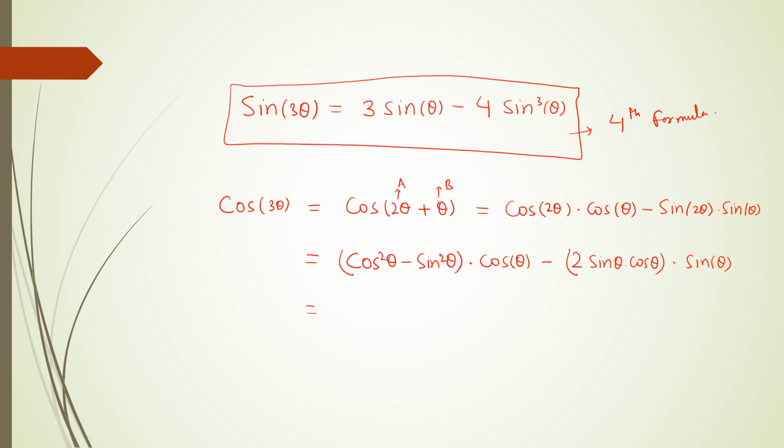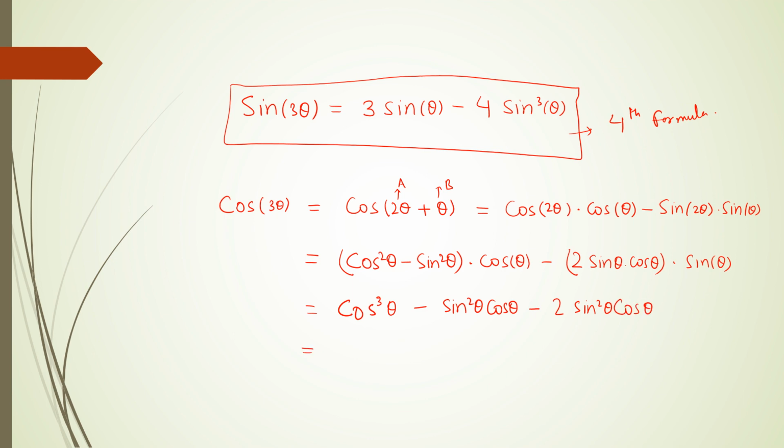Let's see what we wish to find out. Let's open it completely. Cos square theta into cos theta is cos cube theta, minus sin square theta into cos theta, minus 2 sin square theta into cos theta.